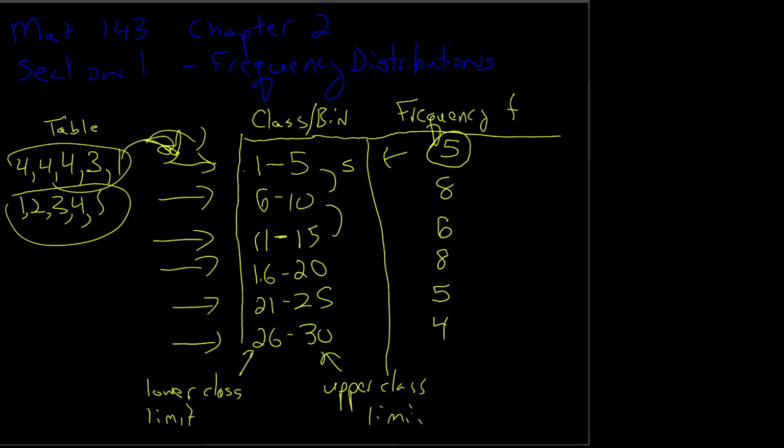So 1 is the lower class limit in the first class. 5 is the upper class limit in the first class. 6 is the lower class limit in the second class. And 26 is the lower class limit in the sixth class. And so this tells you what the smallest value of these 4 things could be. And this tells you what the largest value of these 4 things could be.